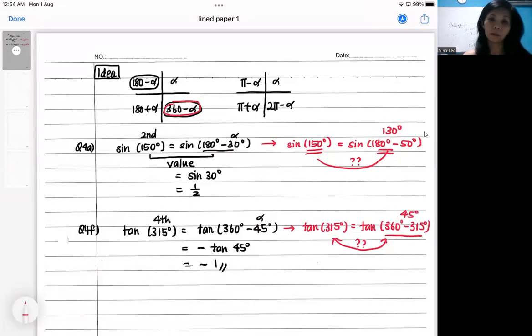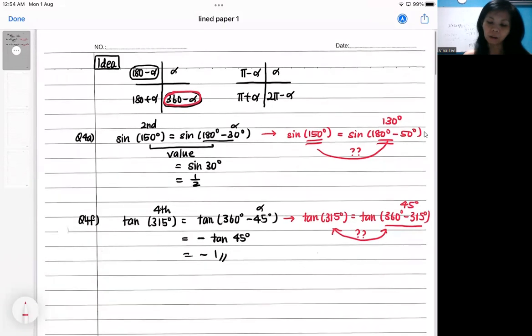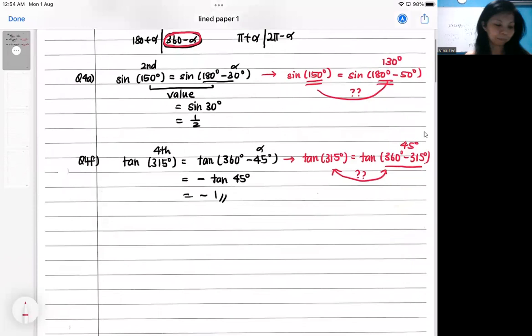So you have to match. That's why yours is wrong, presentation-wise. We should express it as the fourth quadrant. This is how the fourth quadrant should look. From there, I tell the alpha, and I add in the ASTC. So that should be the correct idea.